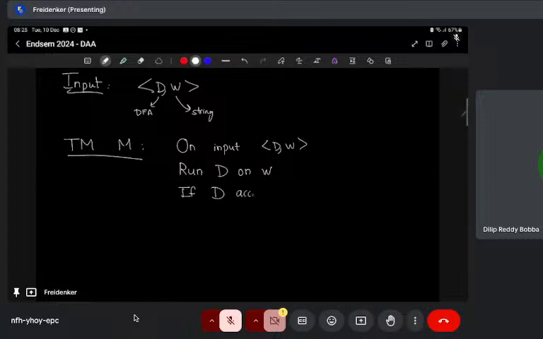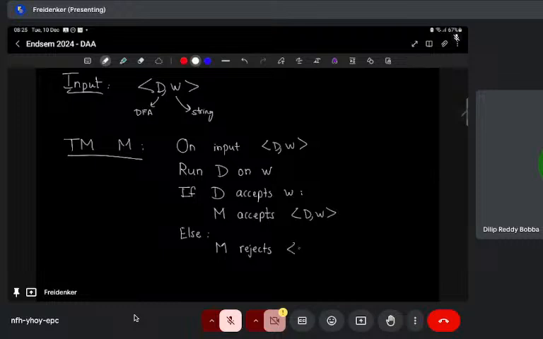If D accepts W, then what does it mean? Then it means D comma W belongs to ADFA, right? So that would mean now my Turing machine M accepts the tuple D comma W. Or else, M is supposed to reject the tuple.